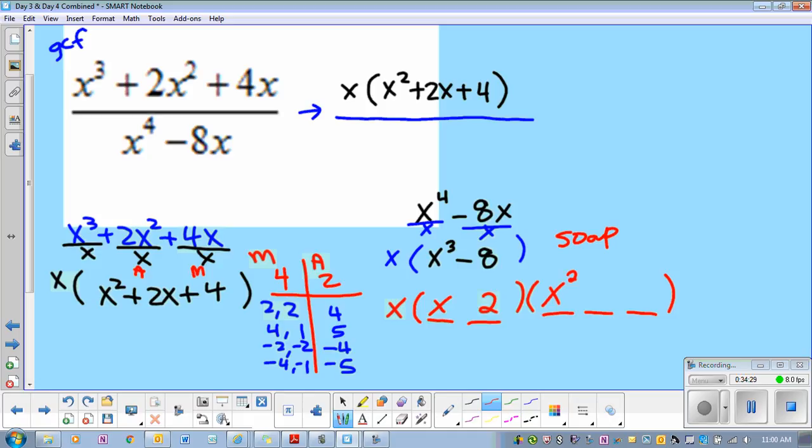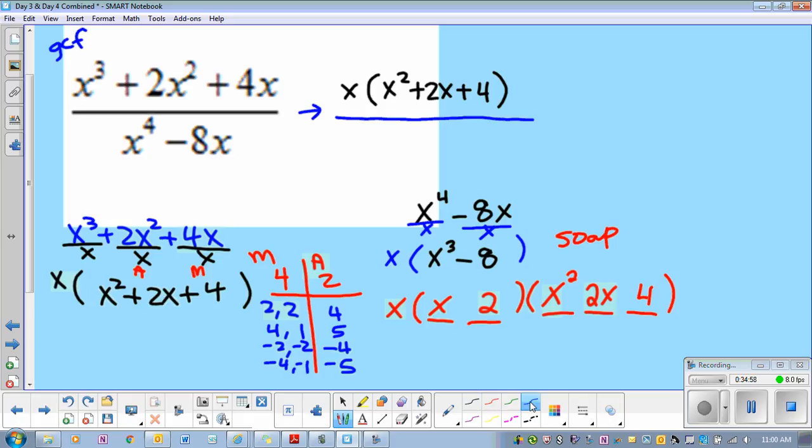Good. What goes in the second one? 2x. What goes in the last one? Oh, this one. This one times that one. 4. Wait, 2 times 2? What's 2 times 2? 4. Okay? You literally get all of your trinomial terms from these guys right here, this x and the 2.